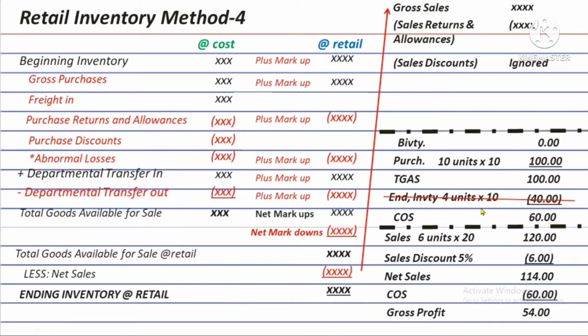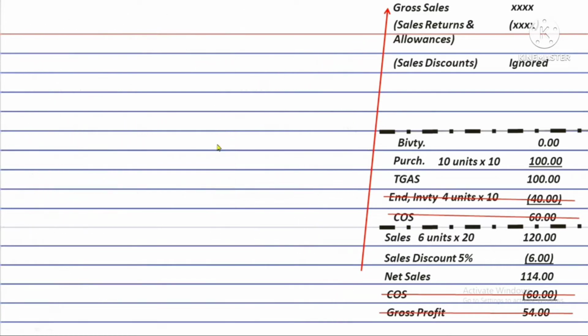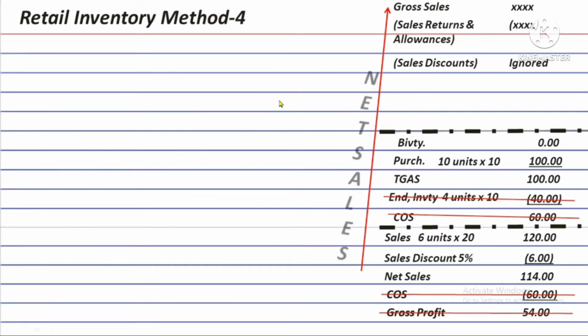If ending inventory is unknown, then you cannot get the cost of sales also. And if you cannot get the cost of sales, then the gross profit will also be unknown. So what will you do? Let's just take these columns out first and let's focus on the net sales, particularly the sales discounts first. So again, what will we do?